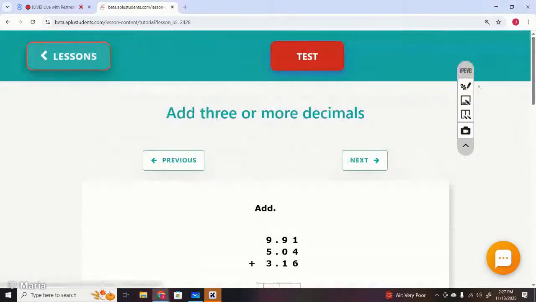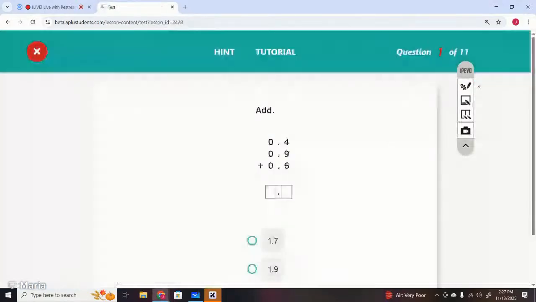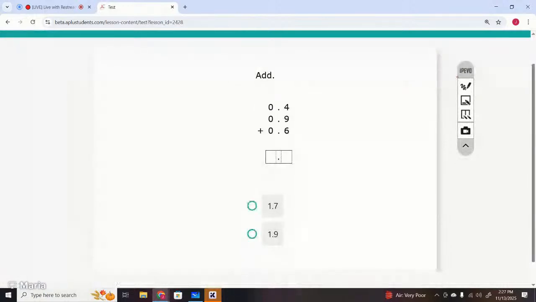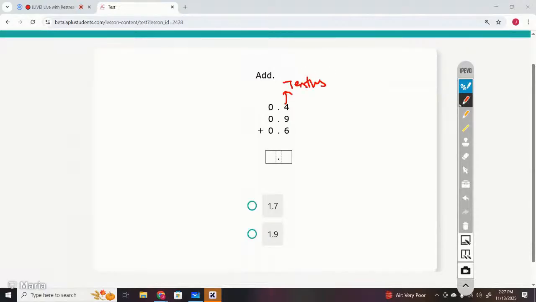Let's just start with the test questions. Add 0.4, 0.9 and 0.6. So let's just add. Start adding the digits that are at the tenths position. Just add 6 plus 4 is 10 and 9, 19.